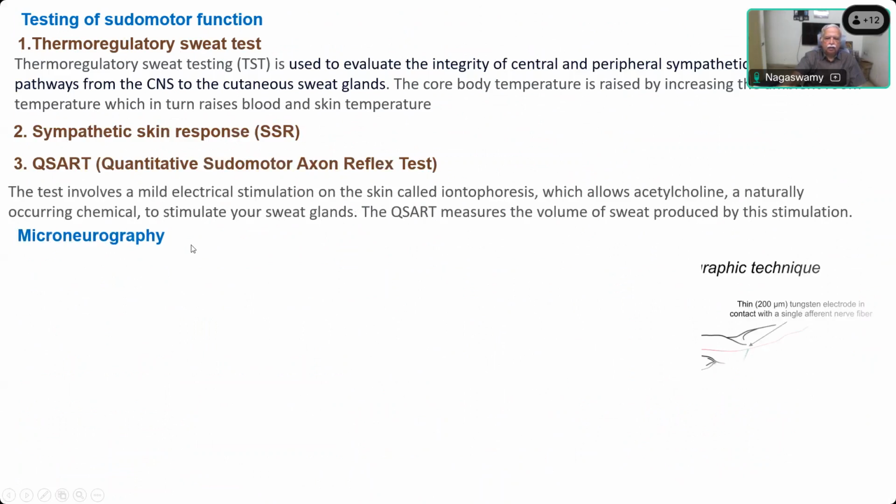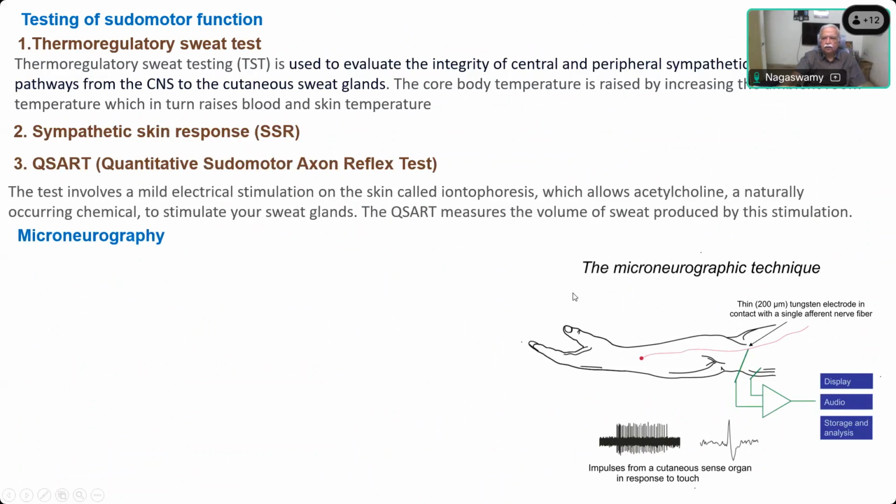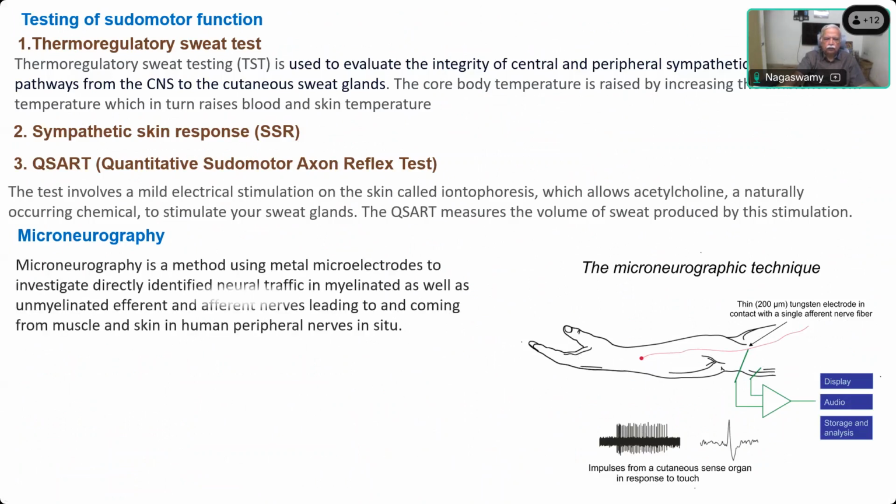And microneurography is a test done by placing a small metal microelectrode in constant contact with a single nerve directly in the fiber, and the impulses formed are all recorded, producing a display and audio. So this is considered a more recent test for measuring autonomic functional ability.